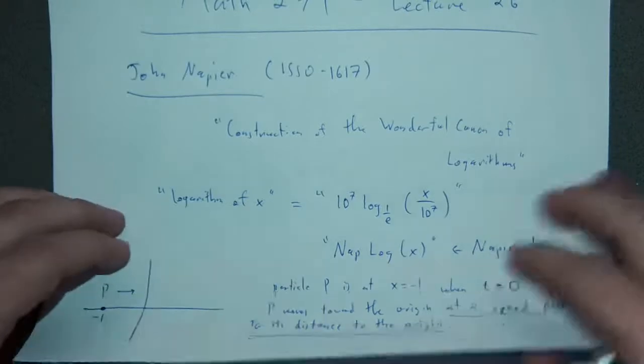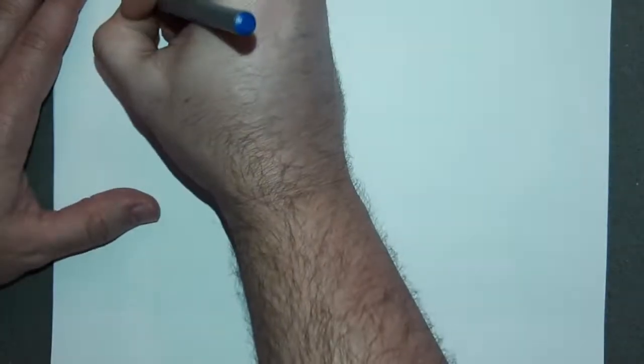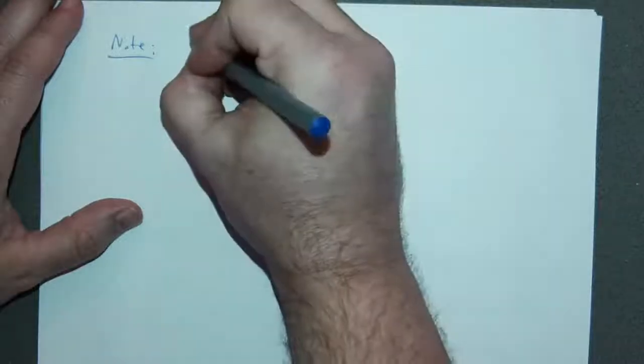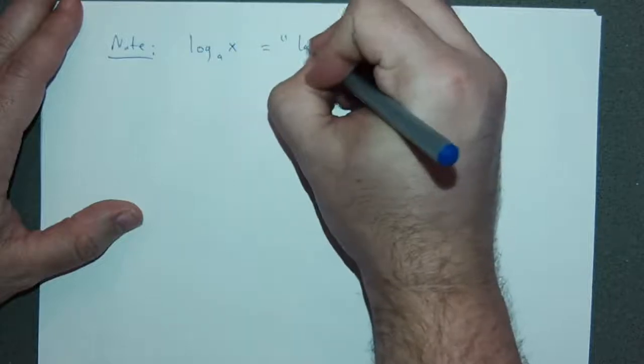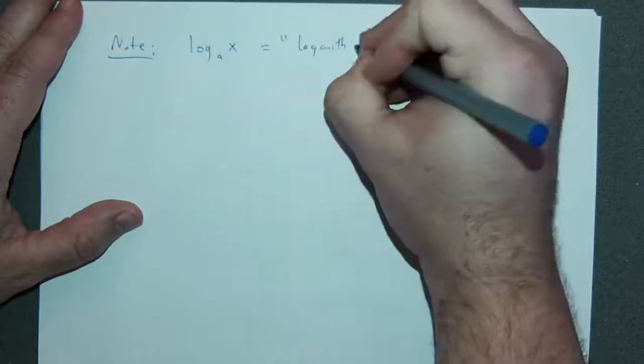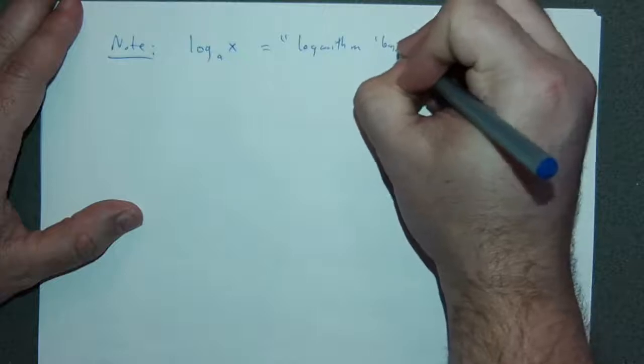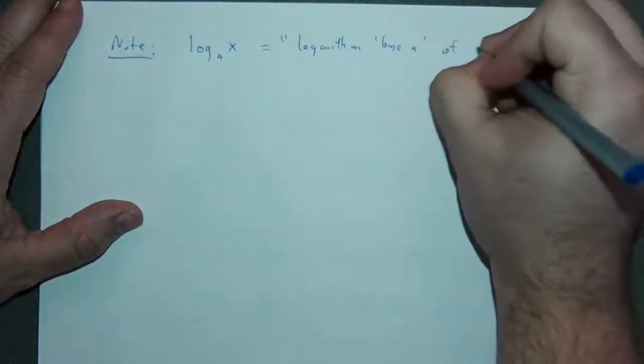Before I go on, a note on notation: this was not Napier's notation, this is modern notation. When you write log sub a of x, we read that as logarithm base a of x.